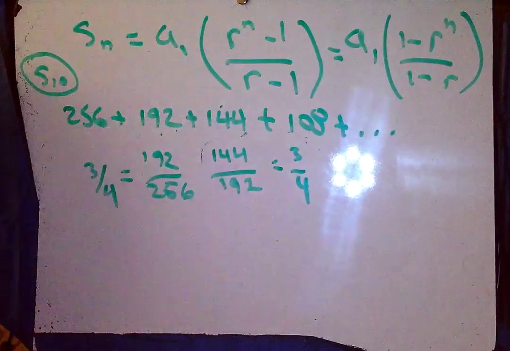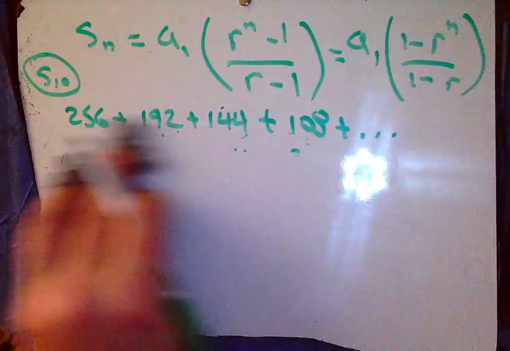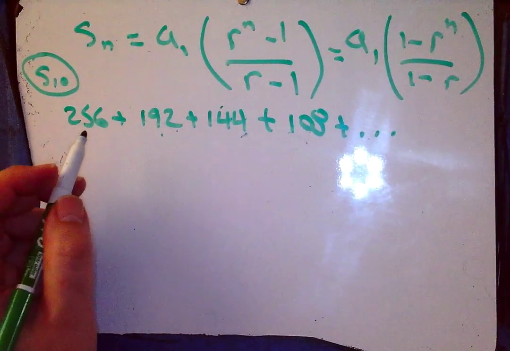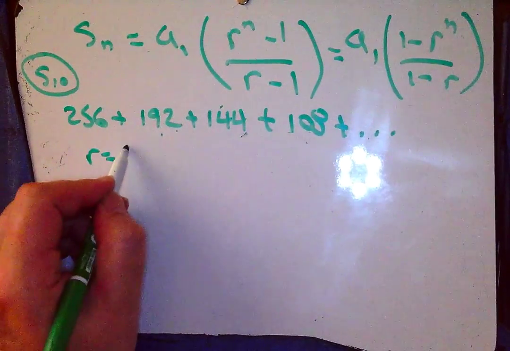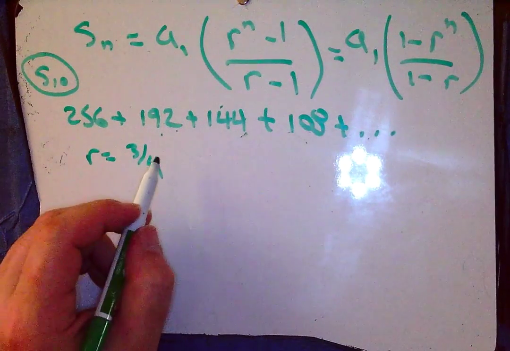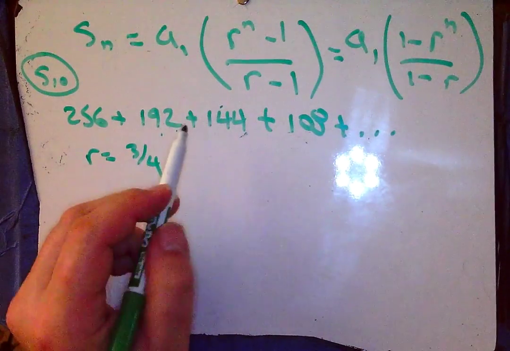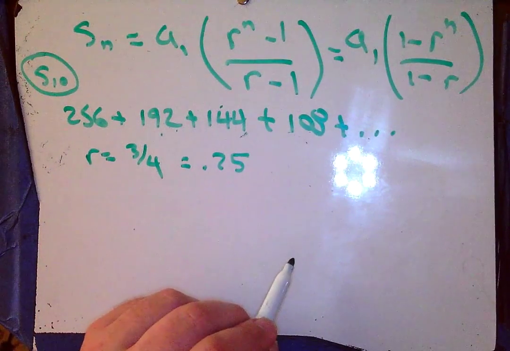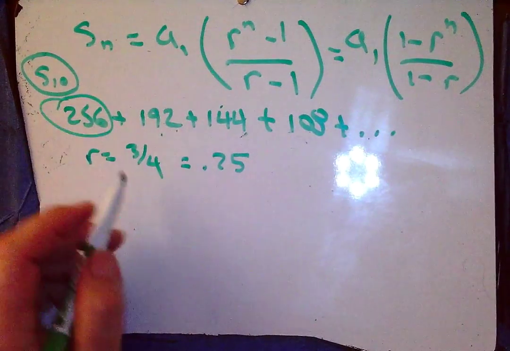So this is geometric, and I can find the sum of these first 10 terms by using our geometric sum formula. We found out that r was 3/4. Since I'm going to be plugging it into the calculator, you can certainly use that 0.75. There's no problem with that. And here's our a sub 1.